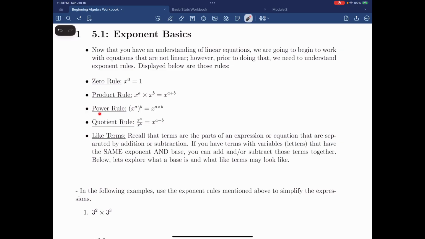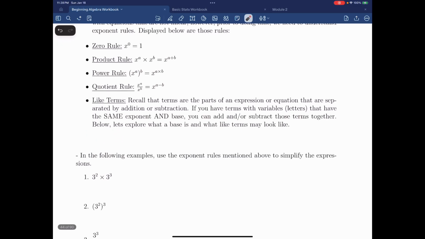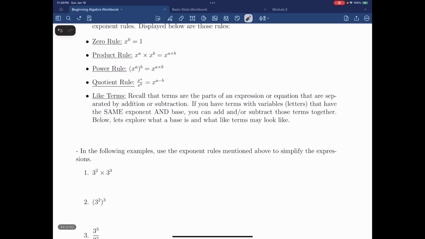And then here we have what's called the power rule, which means if you have x to the a and all that being raised to the b power, you end up just taking x and multiplying a and b together. And then our last rule we're going to talk about in this section is called the quotient rule, which means if you have x to the a divided by x to the b, you just take x and subtract the exponents. And that's our exponent rules.